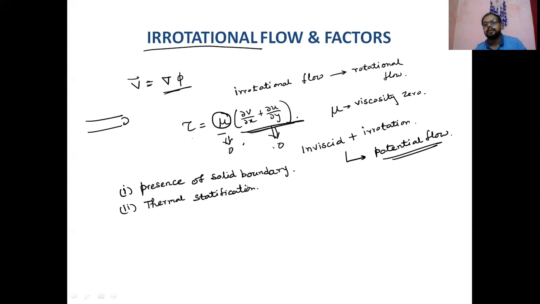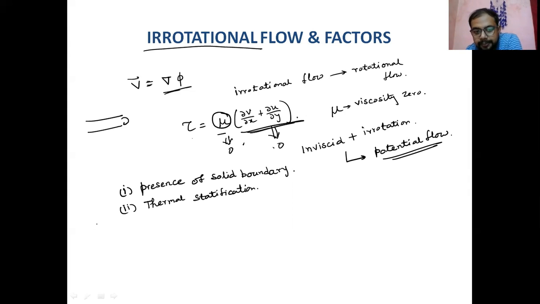Because of the temperature difference, the density is different. For the hot fluid and cold fluid, there may be some rotationality induced. That is the thermal stratification. Or due to any thermal gradient, thermophoresis, or a concentration gradient, there may be so many reasons regarding this.